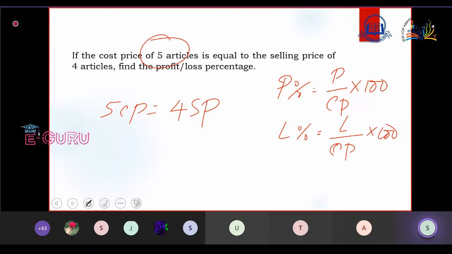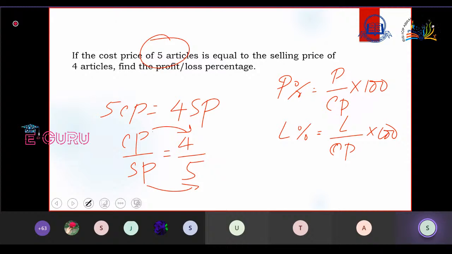Then we can find the ratio of CP and SP. CP by SP equals, this 5 will come to the right side, 4 by 5. What does it mean? If the CP value is 4, then the SP value will be 5.